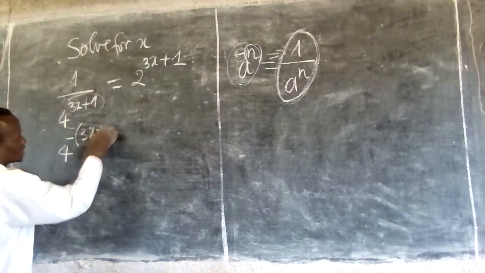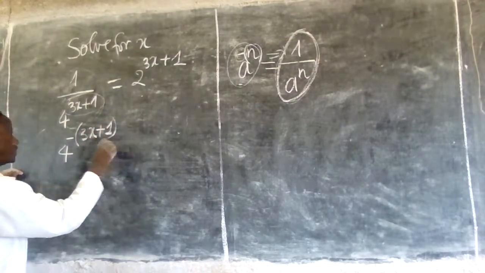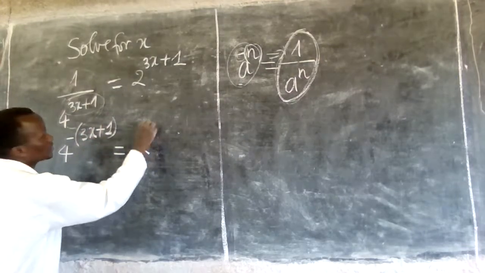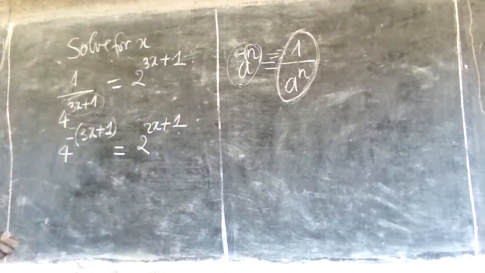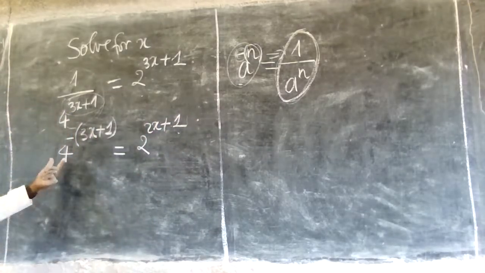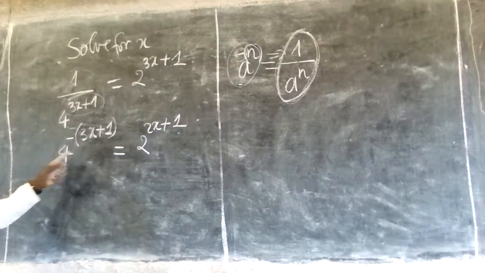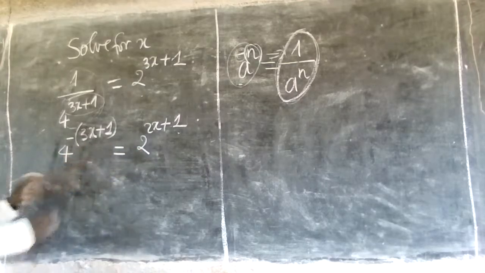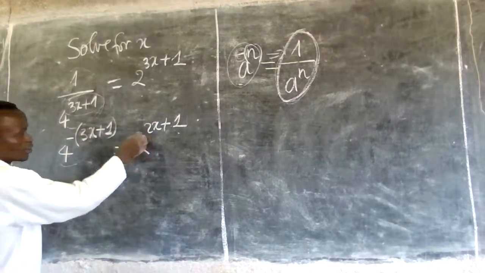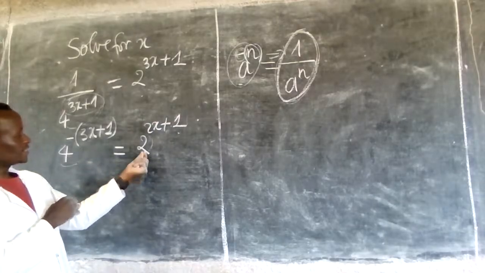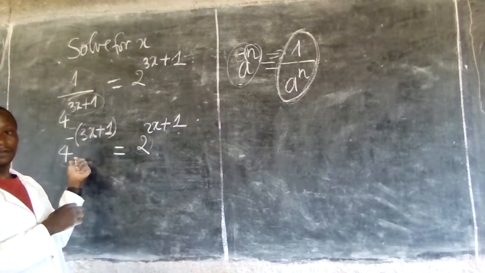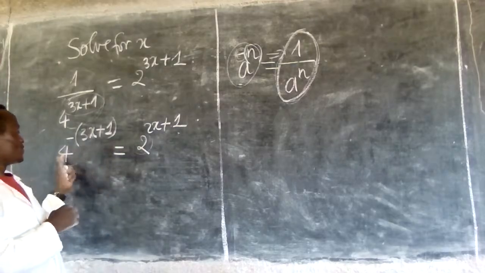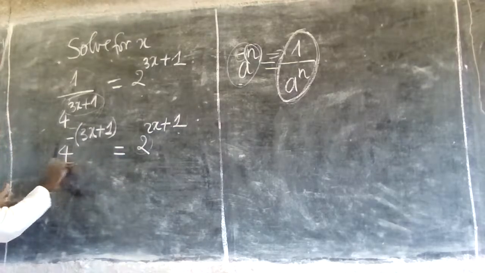4 power minus 3x plus 1 is equal to 2 power 2x plus 1. Now, we need this 4 to be like this number 2. How are we going to have the same number? By factorizing. We are going to factorize this 4.